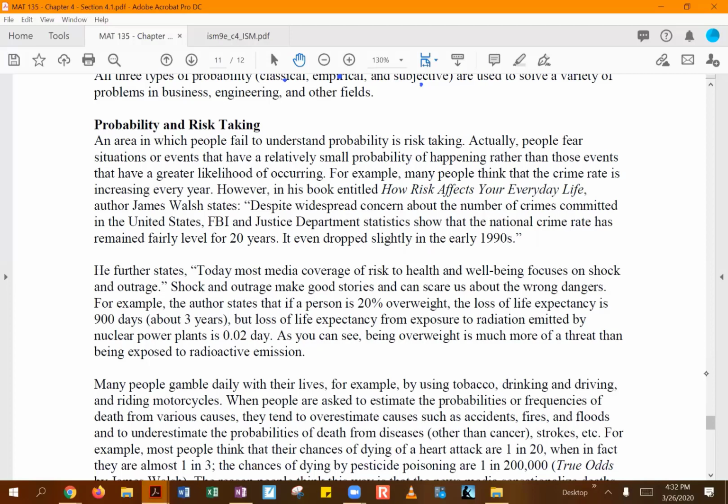However, as you can see, we're talking about this book here, How Risk Affects Your Everyday Life by James Walsh. He's saying that despite widespread concern about the number of crimes committed in the United States, the FBI and Justice Department statistics show that the crime rate has actually remained fairly at the same level for the last 20 years. It even dropped slightly in the early 1990s. So it may seem like the crime rate is increasing, but it's actually not.